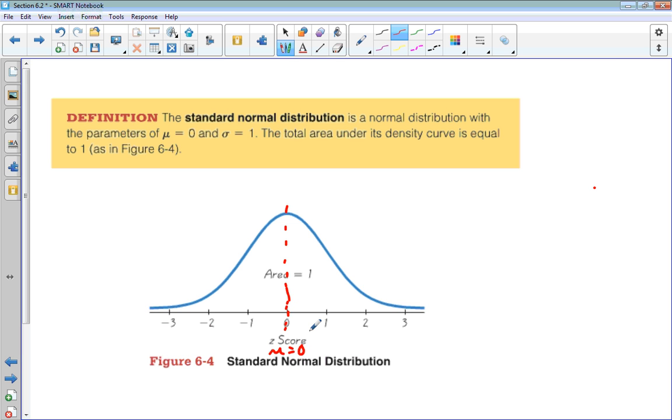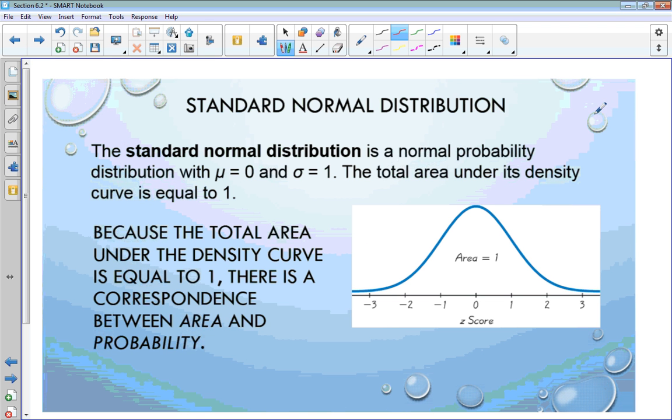Everything in the normal distribution right now has a mu of 0 and a standard deviation of 1. When we get to the next section, we're going to be talking about things that might have a different mu, but we can still normalize the scores by assigning them a z-score. So the normal distribution, again, the area is equal to 1. There is a definite correspondence between area and probability, and they are exactly the same thing.